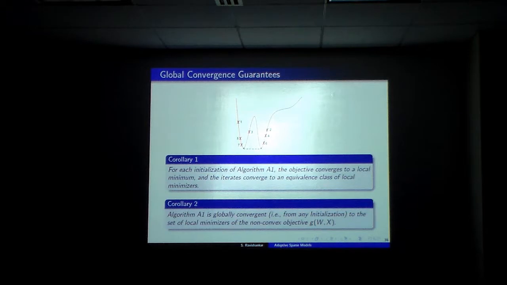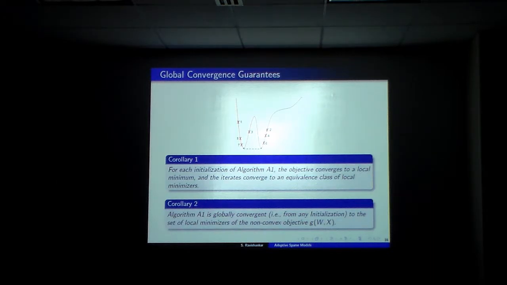So you can have something like this hypothetical objective function, and you have an iterate sequence here that has two subsequences that converge to two equivalent accumulation points. And these accumulation points are local minimizers of this hypothetical objective. So you need not converge to a unique accumulation point, but all your accumulation points will be equally good, at least in terms of the objective that you minimize.